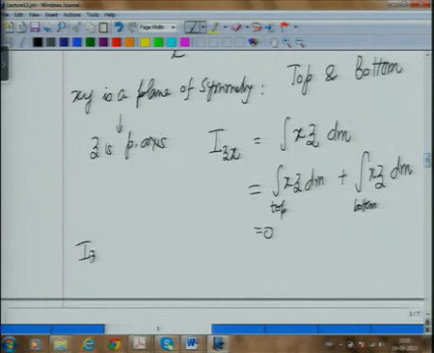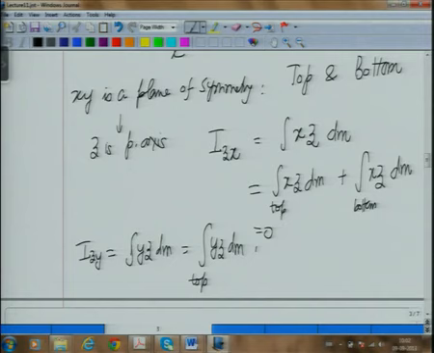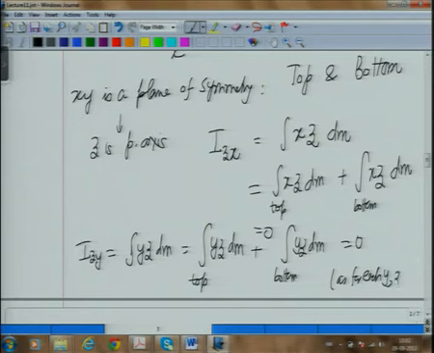Similarly, Izy is equal to the integral of yz dm, which is the integral on the top part of yz dm plus the integral on the bottom part of yz dm. This will be 0, as for each y we have a z and a minus z.